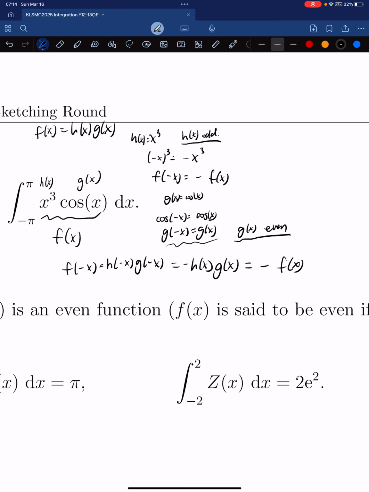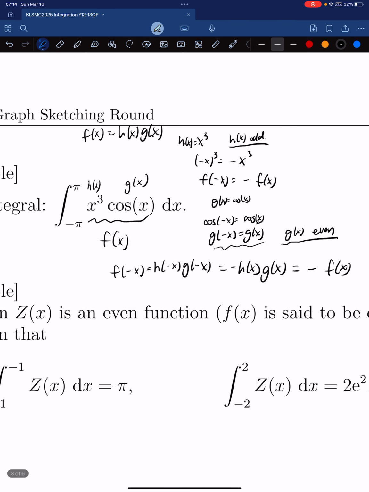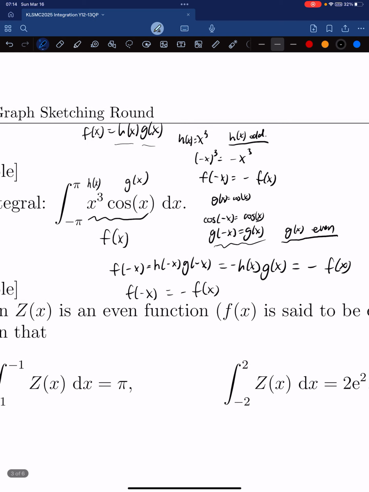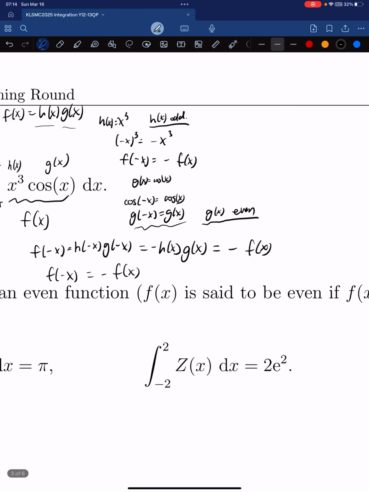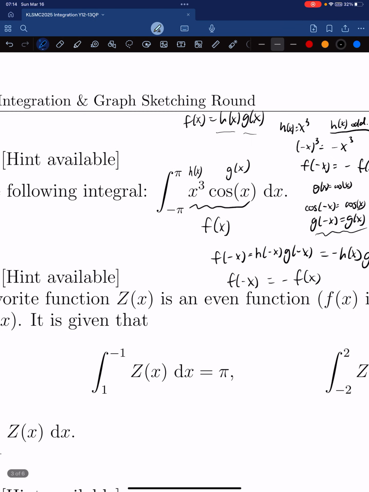So we proved that if f of x equals h of x times g of x, where h of x is odd and g of x is even, then f of x must be odd as well, because it follows the property that f of negative x equals negative f of x. We just derived it. Now it is pretty evident how we can solve this question.